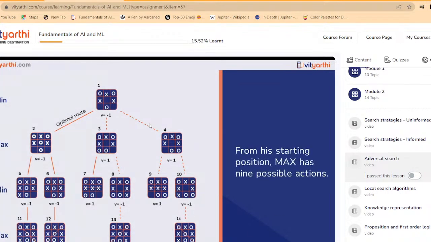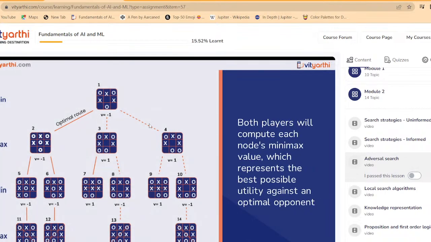From the starting point, max has 9 possible actions, and both players play alternately until a leaf node is reached in which one player has 3 in a row or all squares are filled.